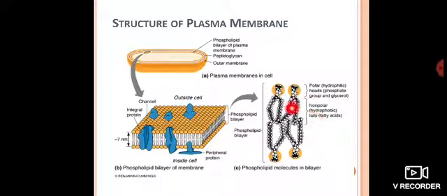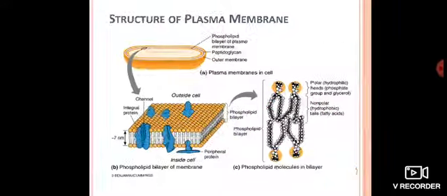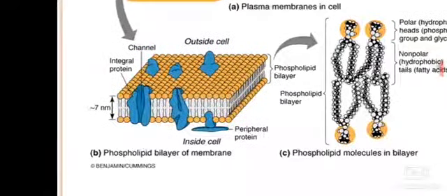Then second, the internal inner part we can term as non-polar, that is hydrophobic. It is the hydrophobic tail portion of the fatty acid. So the fatty acids are present in the inner part of that area. Okay, so we can easily observe it in this phospholipid bilayer portion.